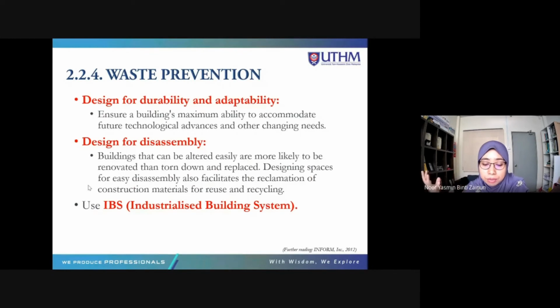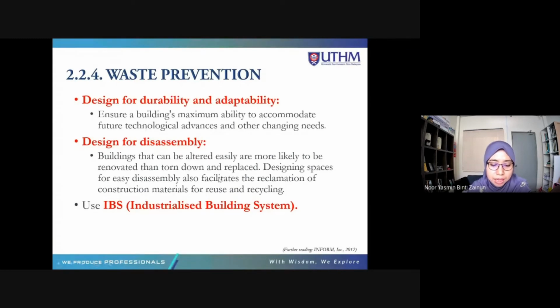Bila kita buang, when we tear down, we actually create disposal. Kita create waste. Okay. Jadi yang tu yang kita tak nak. Jadi kita nak supaya benda tu boleh diguna balik. We can alter, we can refurbish, kita boleh buat balik anything that can be reused or recycled.